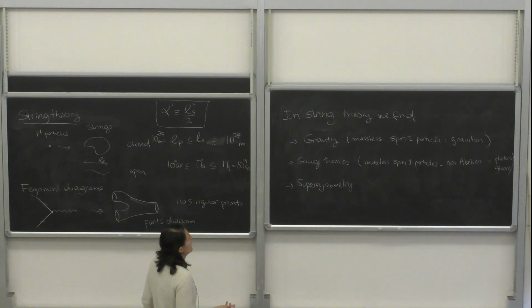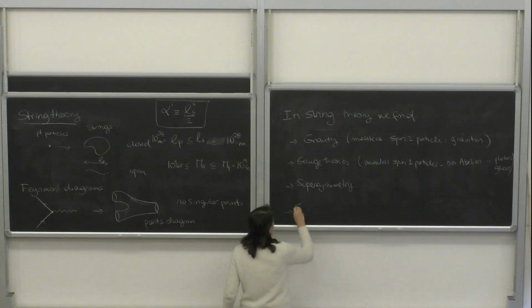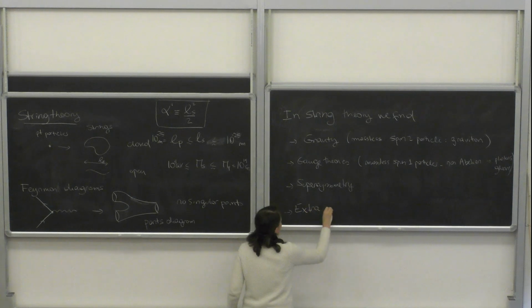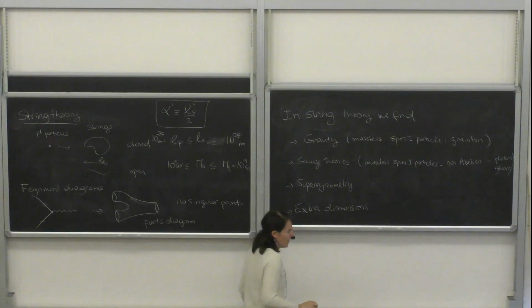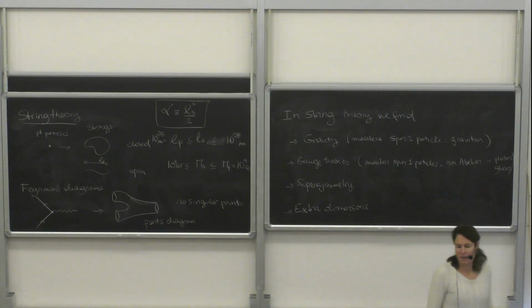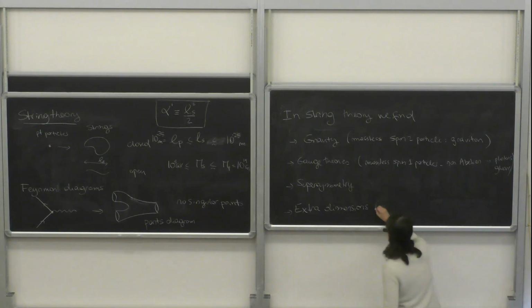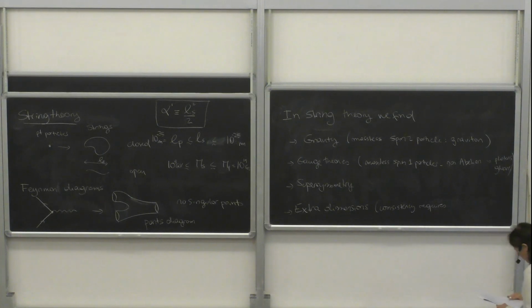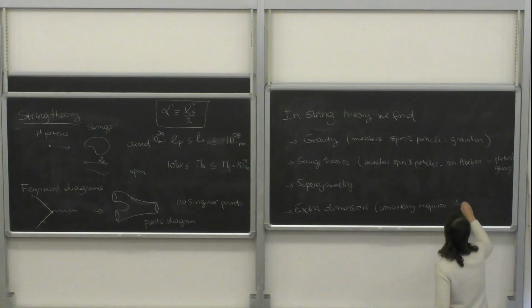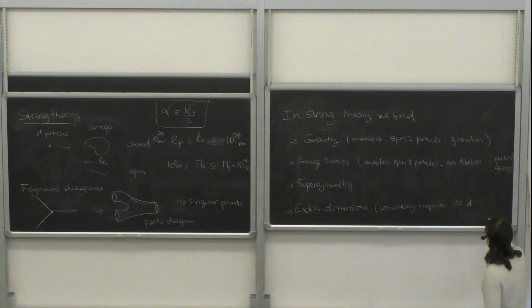And some new feature, which is extra dimensions. Which is, so consistency requires, in the superstring, 10 dimensions, so 10 space-time dimensions.